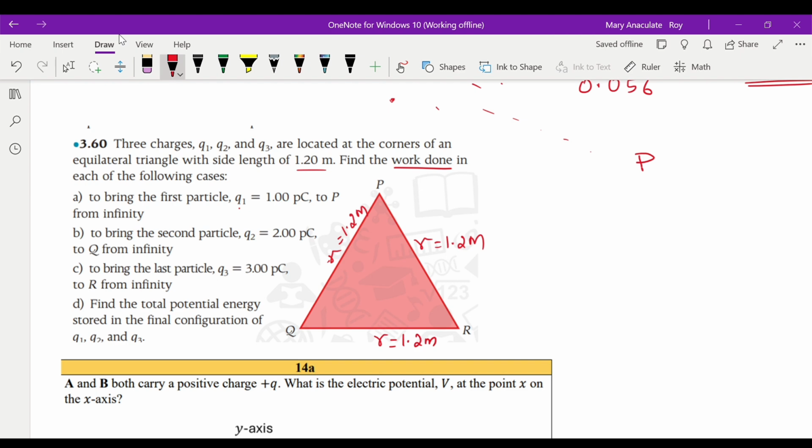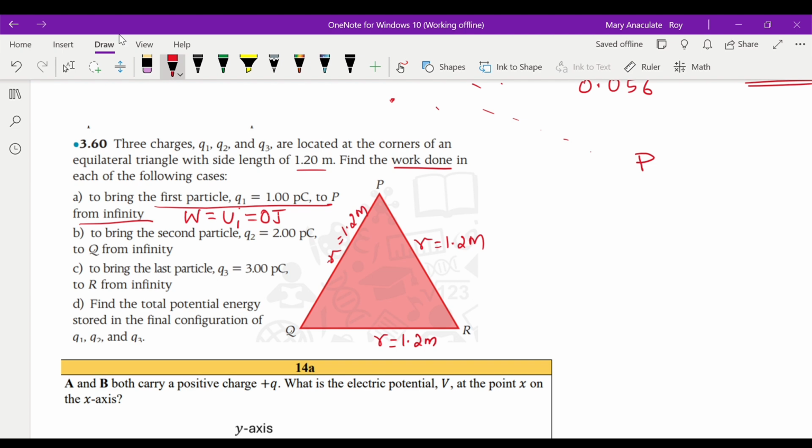So when you bring the charge to P, if there isn't any other field or any other charge around it, there is zero work done because there is no particle to interact with. So for part A, Q1 brought from infinity, the work done, or the energy U1, is 0 joules. Remember, there should not be any other charges around it.